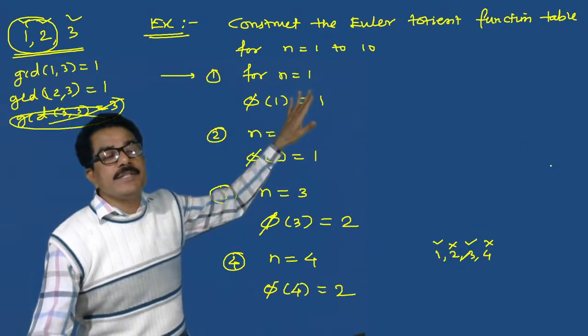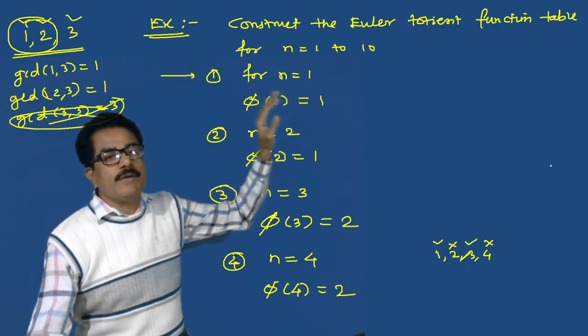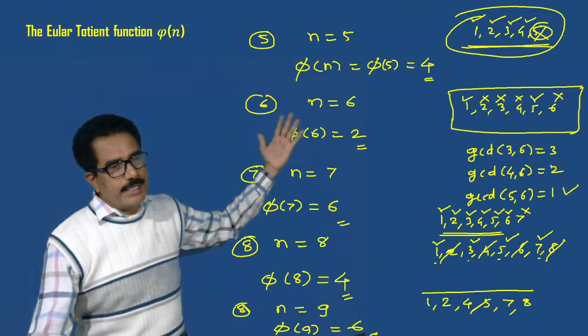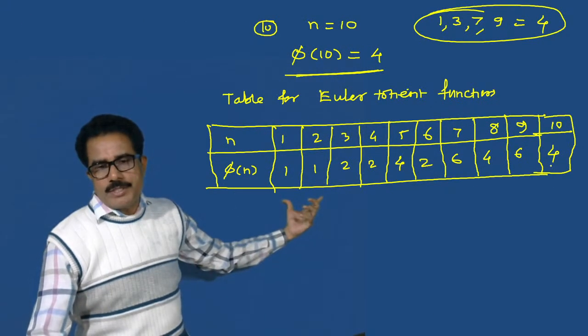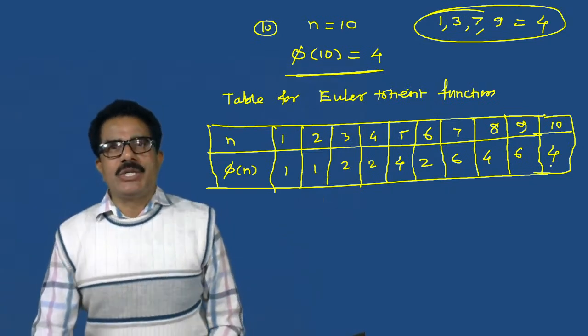Construct the Euler Totient function table for n is equal to 1 to 10. This is the Euler Totient function for n is equal to 1 to 10.